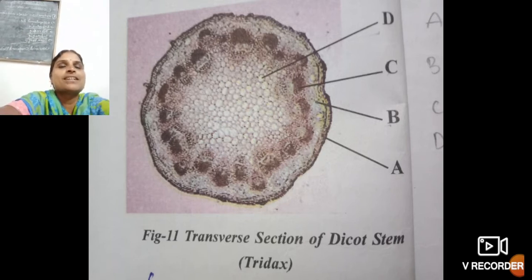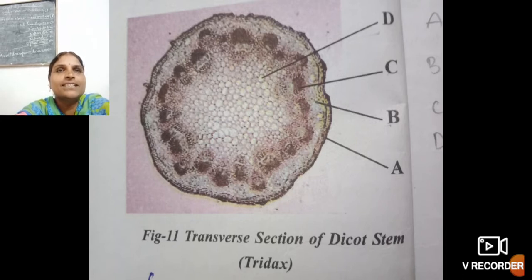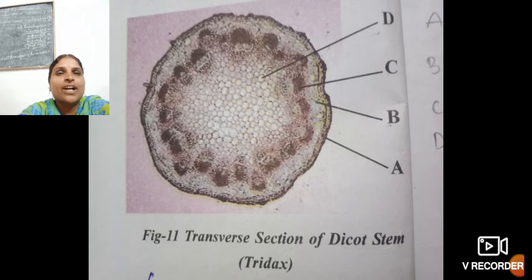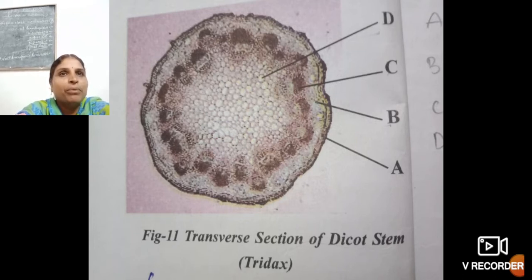Group C cells join together to form long structures that conduct food and water in the plant body. Group D cells are present in the center of a young stem and form a hollow structure in the mature stem. Understood? Four types of cells in the transverse section of a dicot.